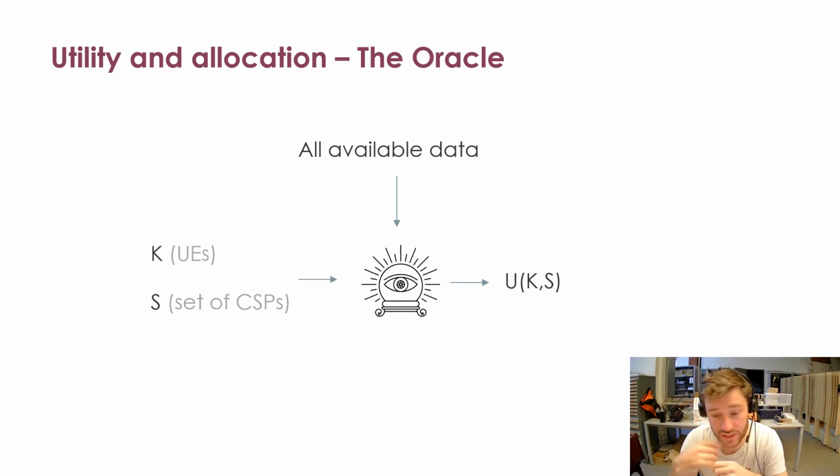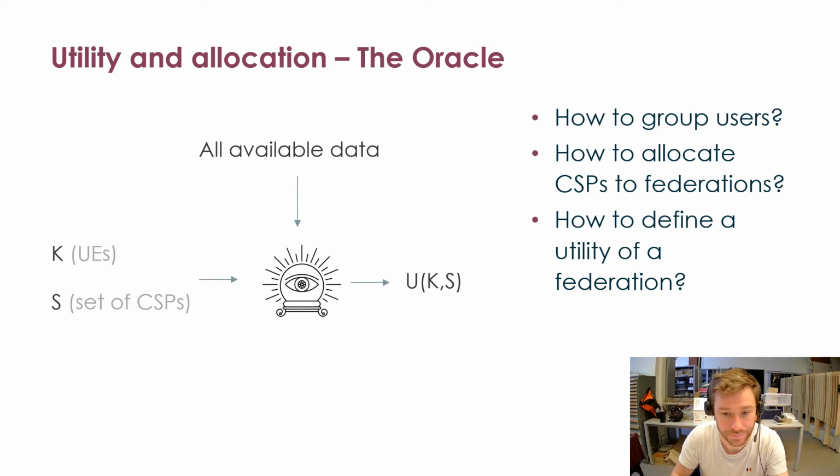What we can do is exhaustively search or query this Oracle to get the utility function for a set of UEs and a set of CSPs and optimize it that way, which is of course not possible to do in this way. So we need a more clever way, and we need to define the problem of federation orchestration and use a heuristic and more approximation methods to derive this utility and to orchestrate these federations.